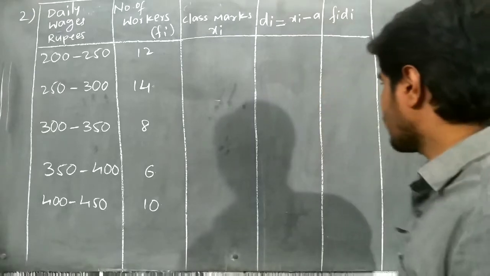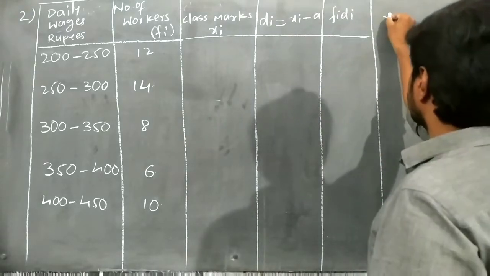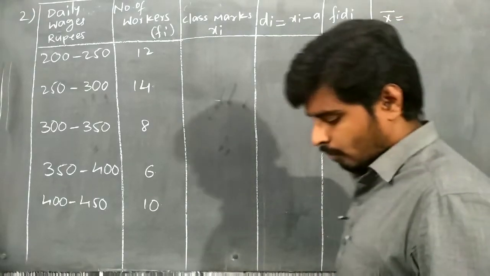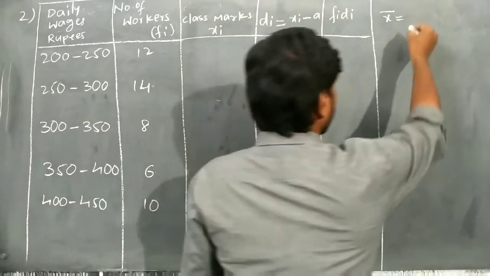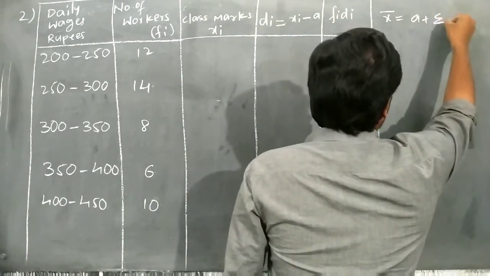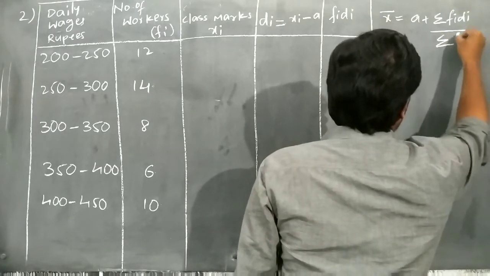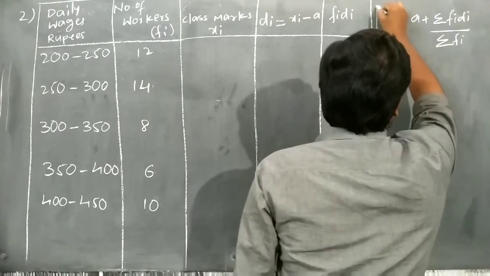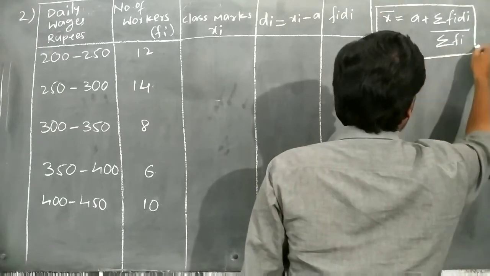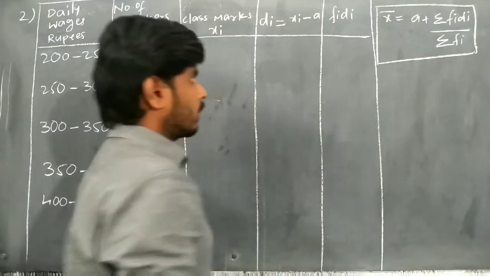So what is the deviation method formula? X bar is the mean, so A plus sigma Fi di by sigma Fi is the actual formula. I am going to use it here.